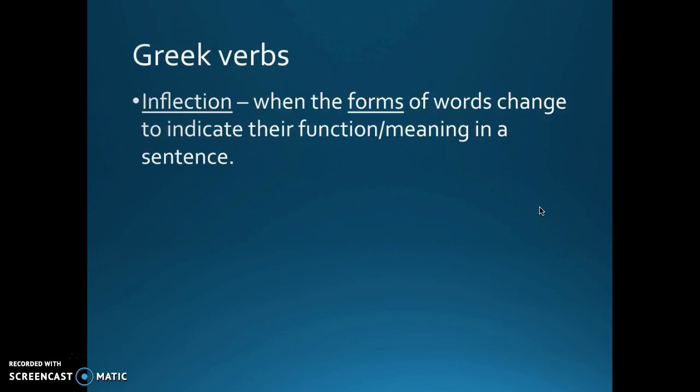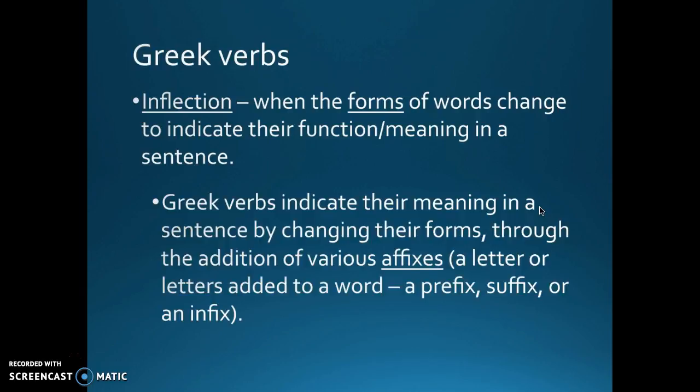Now Greek verbs show some of these things in a little bit different way, but they're very related to English grammar. So an inflection is when the forms of words change to indicate their function or their meaning in a sentence. Greek verbs indicate their meaning by changing forms.